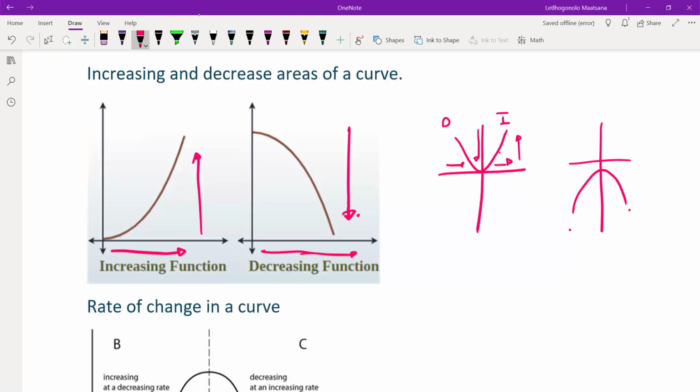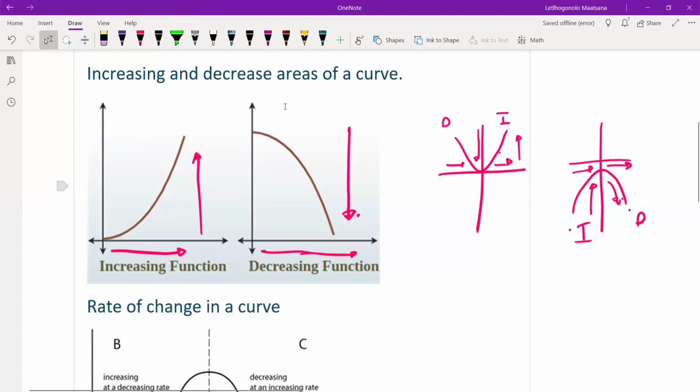On this sad face graph, as our x values increase going from left to right, so does our y value, going from low to high. And on this side, we have a decreasing graph because our x values are increasing, but our y values are decreasing.